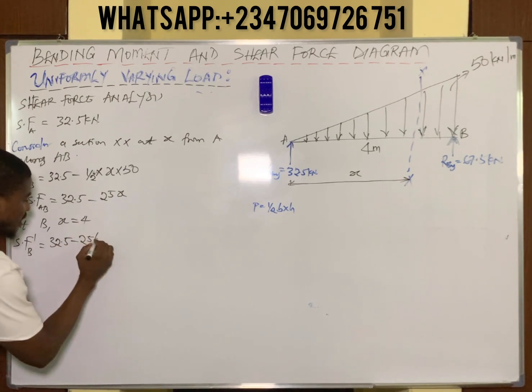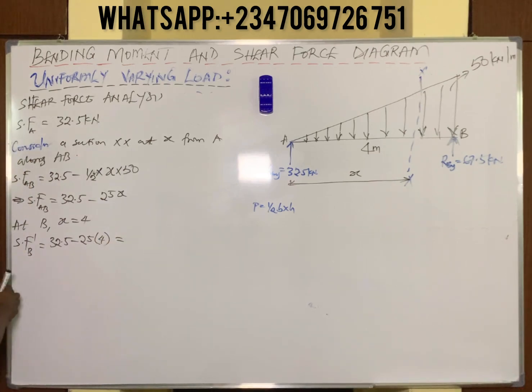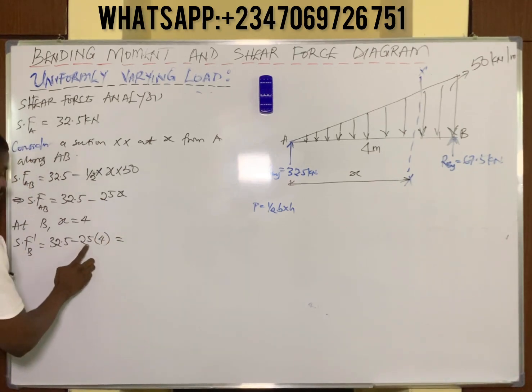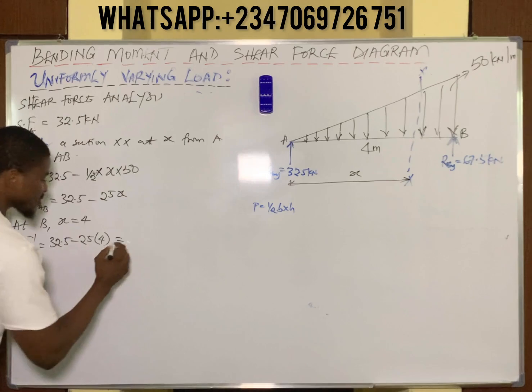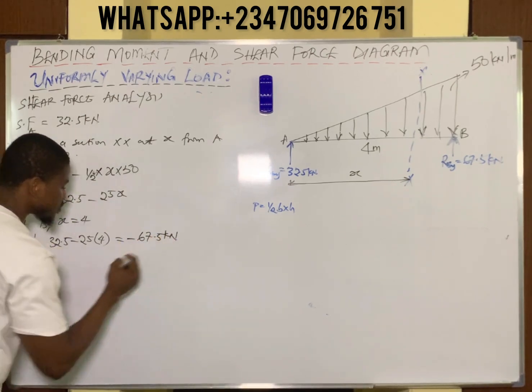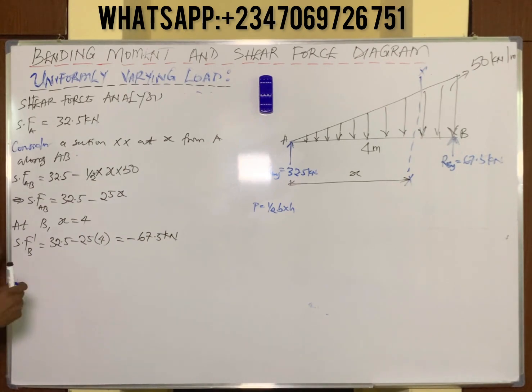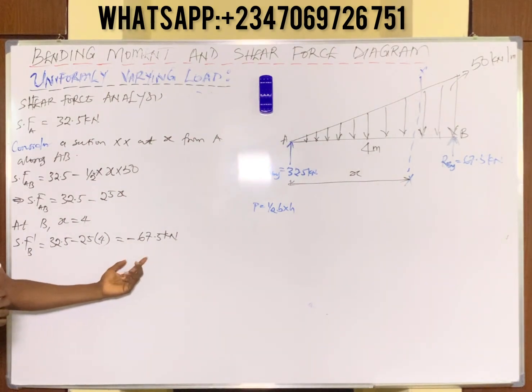X there is 4, so I will evaluate everything together. 25 times 4 is 100, so 32.5 minus 100 gives us negative 67.5 kilonewtons. So shear force B prime, initially at point B, is negative 67.5 kilonewtons.